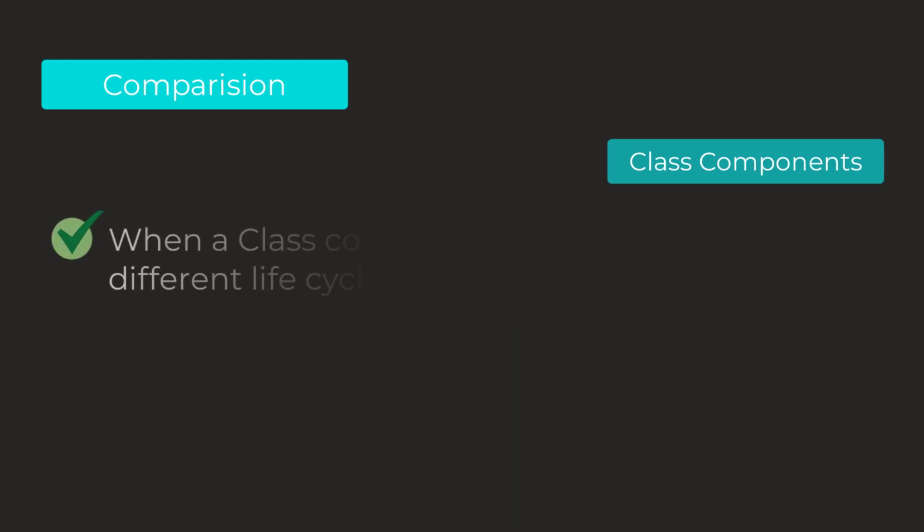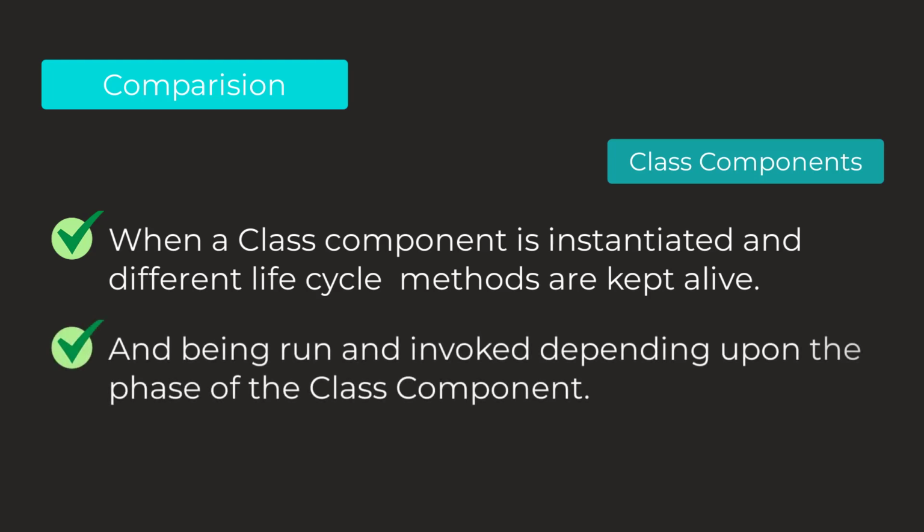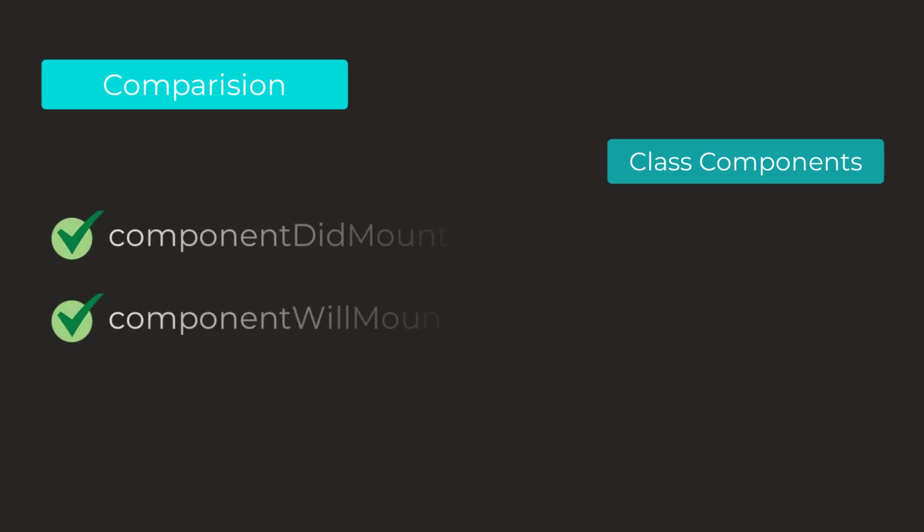Once a class component is instantiated, different lifecycle methods are kept alive and invoked depending upon the phase of the class component. For example, componentDidMount, componentWillMount. Depending upon the phase of the component, different methods are invoked to keep the component alive.